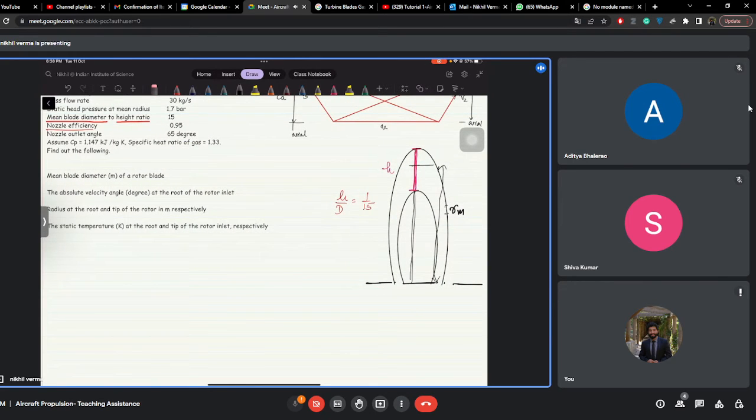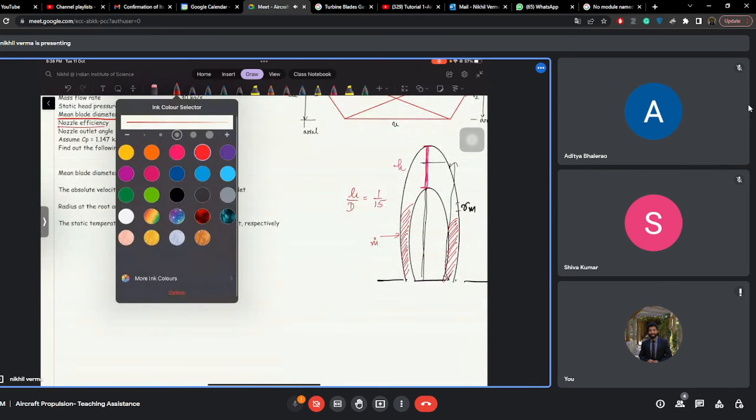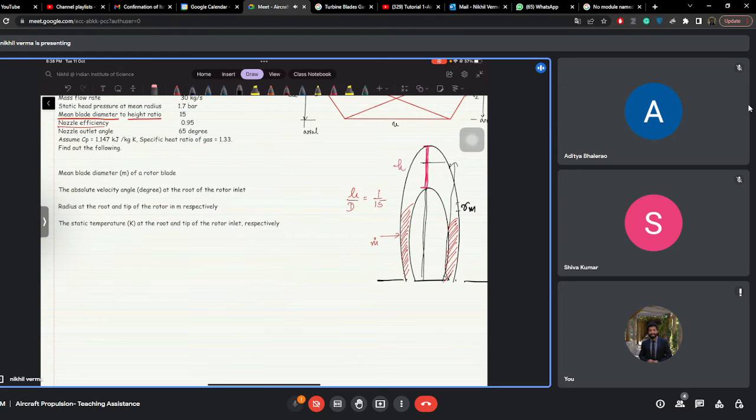One thing that we know is the mass flow rate going through this cross-section area that is swept by the blades. The mass flow rate through this is given, m dot. So how do you calculate the m dot from this? How do you compute your m dot? That is rho A V. So what will be the velocity for this?